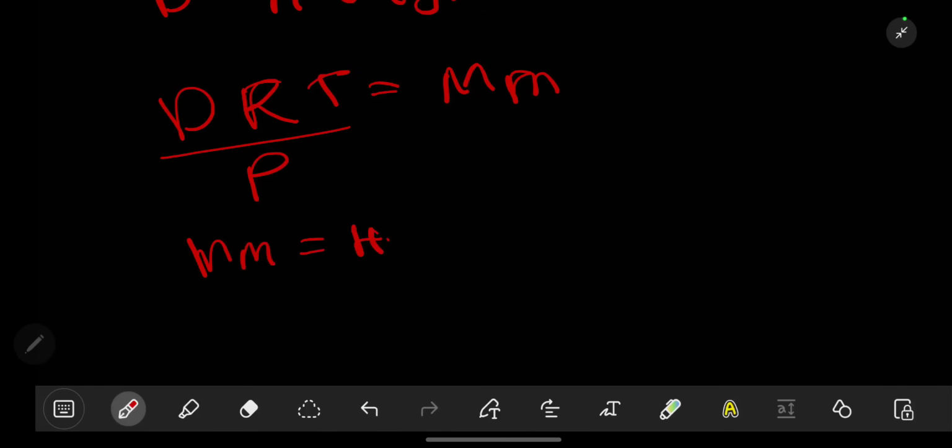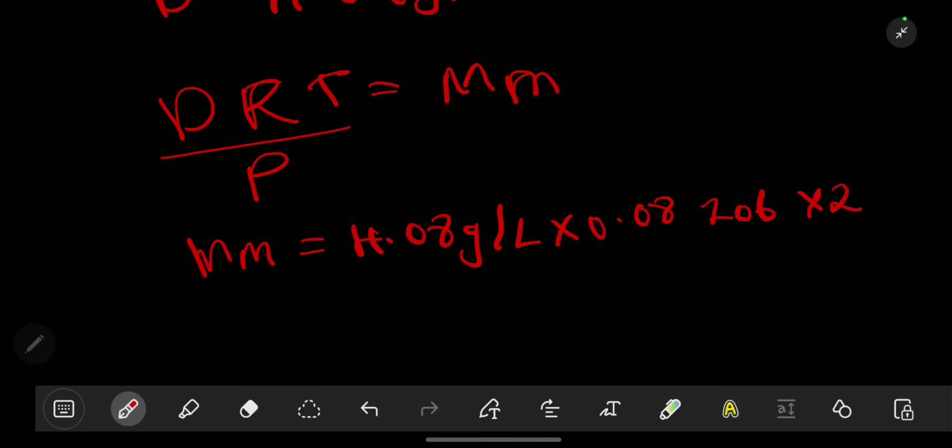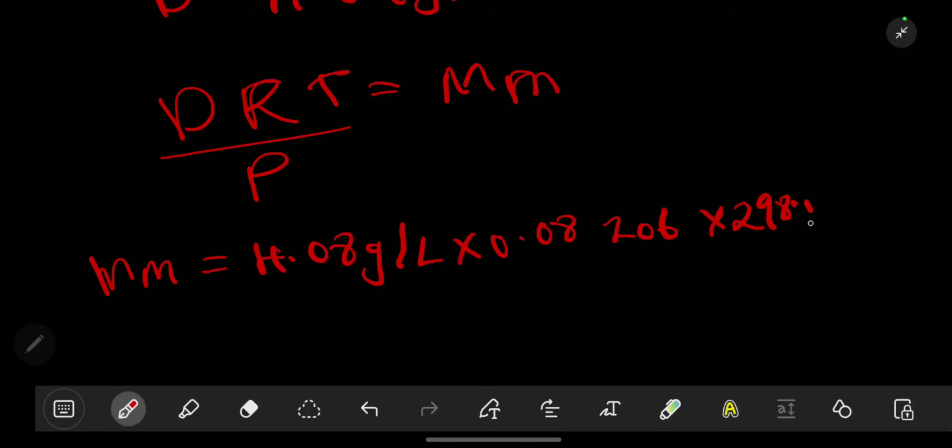We found it to be 4.08 grams per liter times R, which is 0.08206, times our temperature, which is 298.15 kelvins.